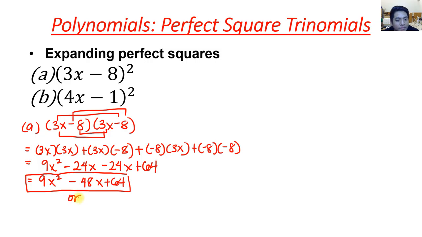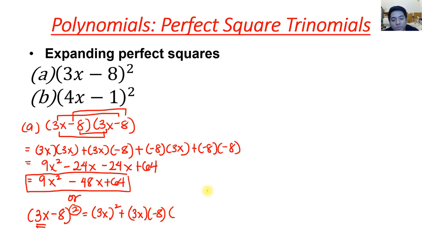Or, what I told you a while ago, you have 3x minus 8 squared. First, you have to square the first term, 3x squared. Okay? And then plus, you're going to multiply all the terms. So you have 3x times negative 8 and then times 2.